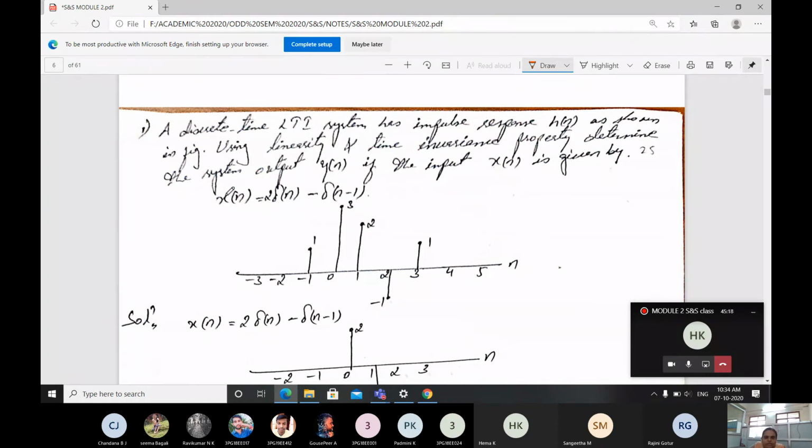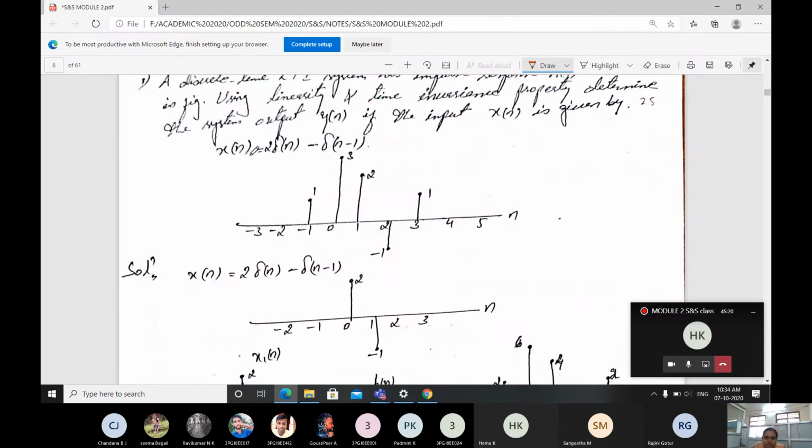Here the signal x of n is 2 delta of n minus delta of n minus 1. The signal has values at the marked positions, as shown in the figure.